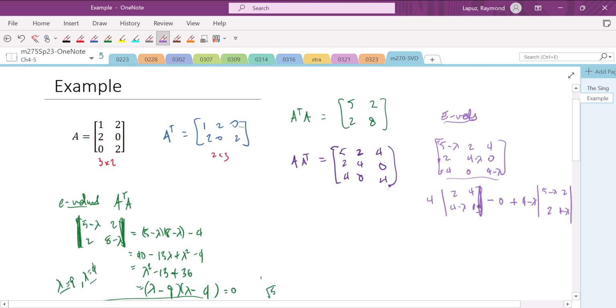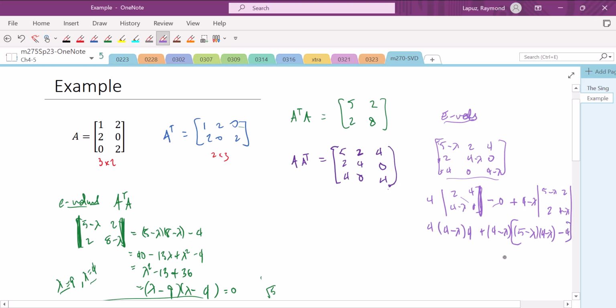All right, so this will give us a 4 times 4 minus lambda times 4, I believe, and we got a 0 here, and then we have a 4 minus lambda, and then we have a 5 minus lambda, 4 minus lambda, minus 2 times 2 is 4.